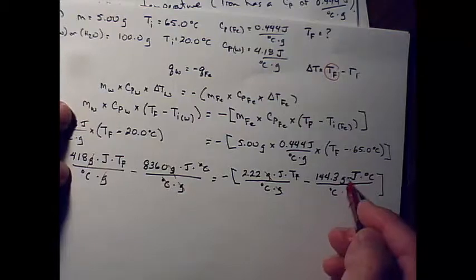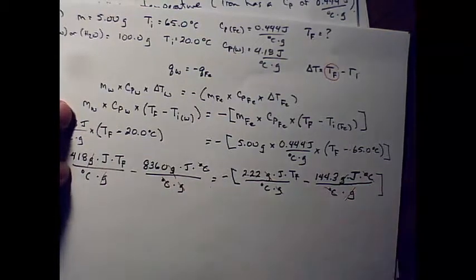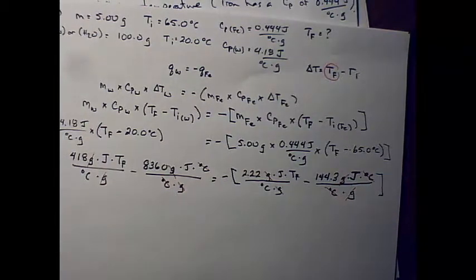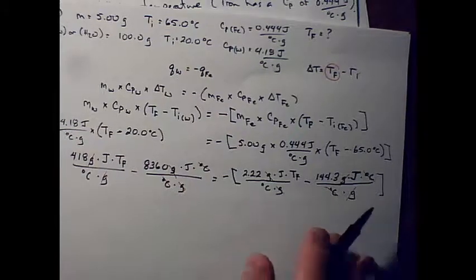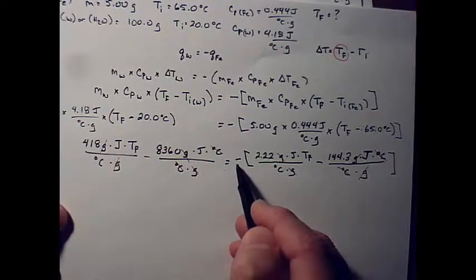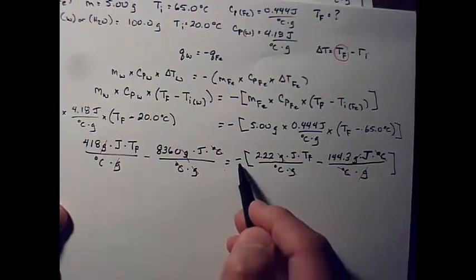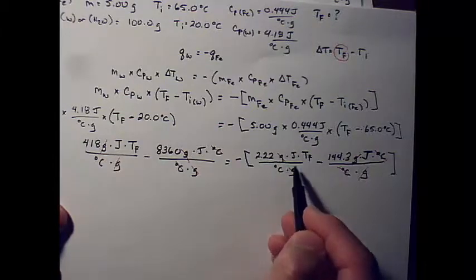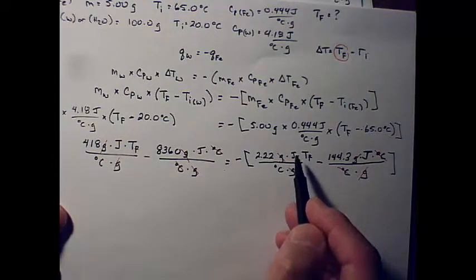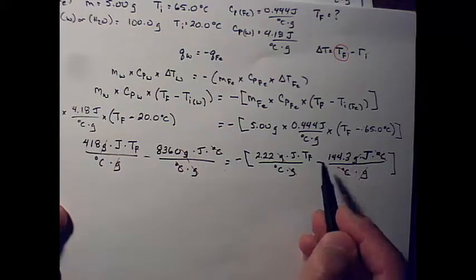And we cancel out grams and degree C. Now I like to go ahead and distribute this negative. A negative times this makes a negative term, and a negative times a negative makes a positive term.